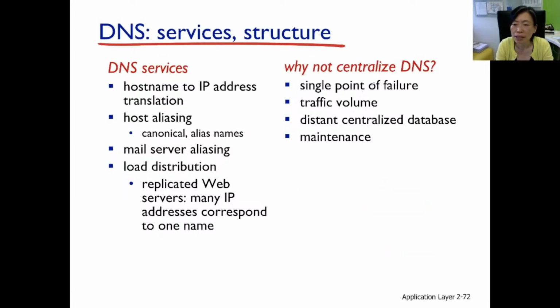Why not centralize DNS? You heard in the previous slides there are multiple name servers and there's a certain hierarchy behind it. So why not just one? Well, at the beginning of the internet there was indeed just one DNS server. But it didn't take long to realize that when the machine is off, the entire DNS service is off, and everyone on the internet, unless you can memorize the IP addresses of all these servers, can't do much.